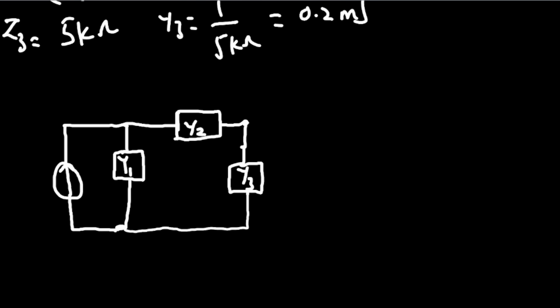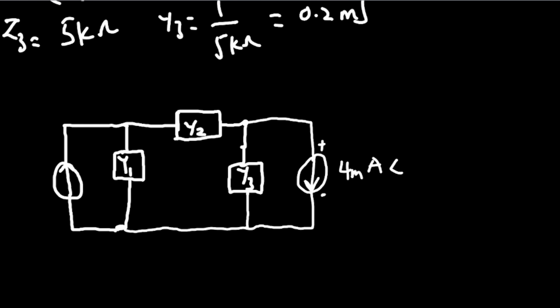Then we have our current source, but this one is moving downwards. So we all know the implication when it moves downwards. I will talk about angle 0 degrees, and this 3 milliamps angle 0 degrees. Let me assign my currents for these ones.